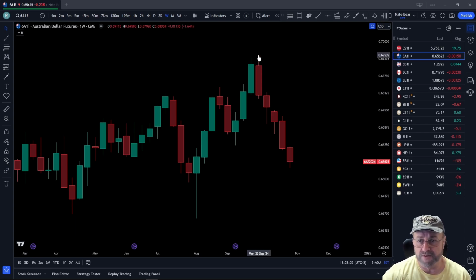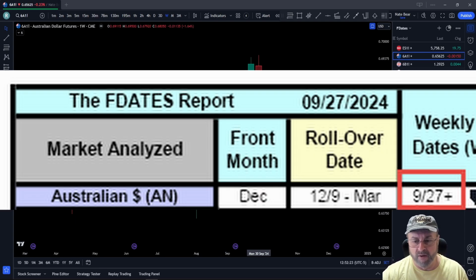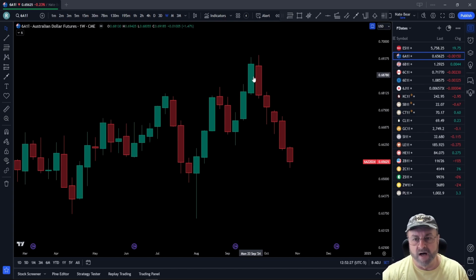So all of October, we have been moving down. Now, on the F-date report, we happen to have weekly turn dates on here as well that alert us to probable swing tops or swing bottoms when they are going to occur.